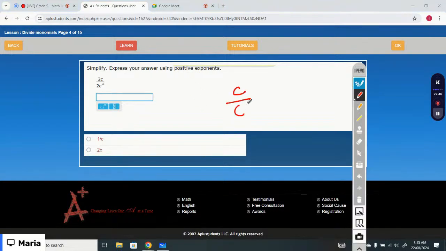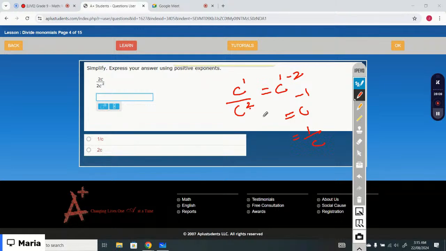You are left with c divided by c square. So this c has the exponent 1 and this c has the exponent 2, right? Because they have the same base, this 2 is subtracted. That would be c exponent 1 minus 2. So you are left with c exponent negative 1. So you can write it as 1 over c with a positive exponent. So the correct option is 1 over c.